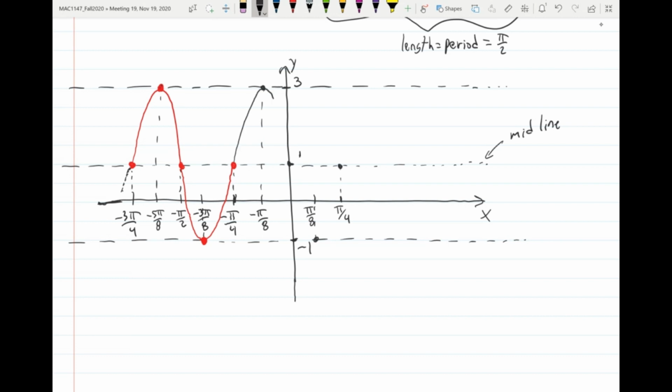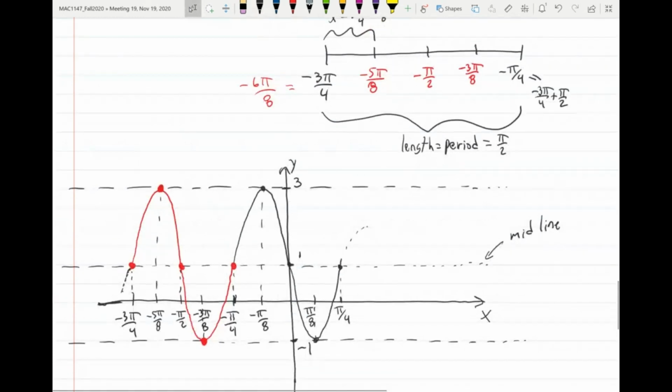And so we graph, and then it just keeps on doing the same thing over and over towards the right and over towards the left. Okay, questions? Questions on this?